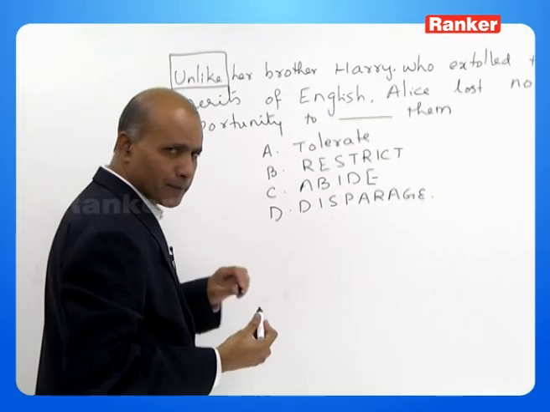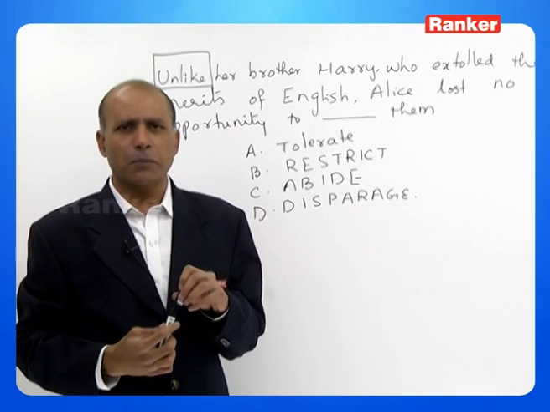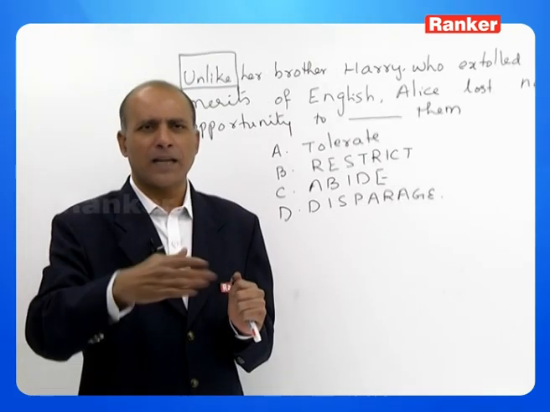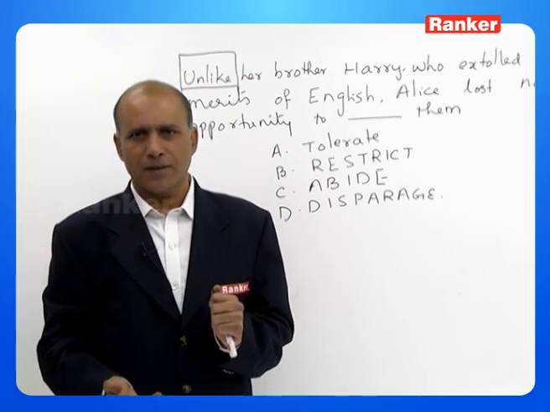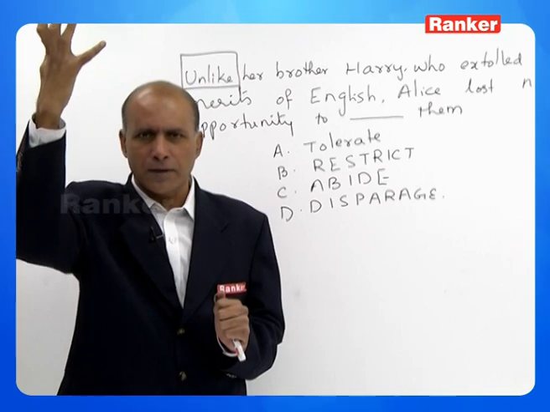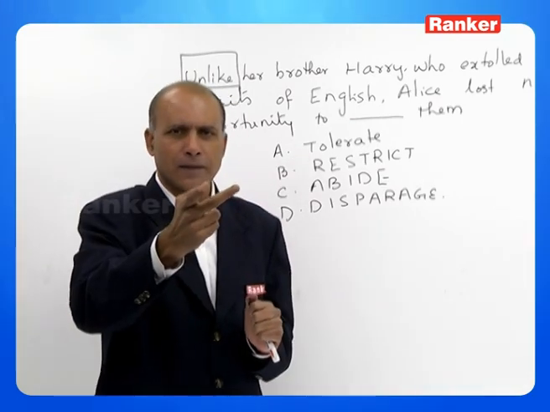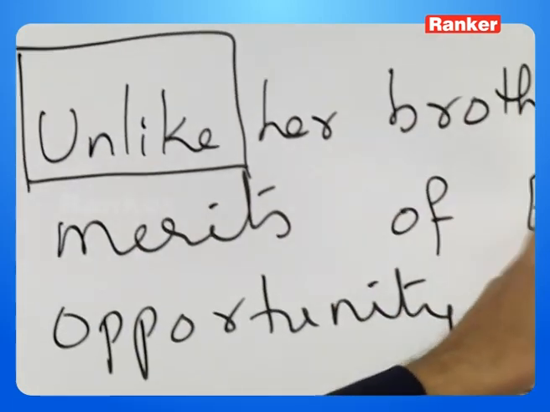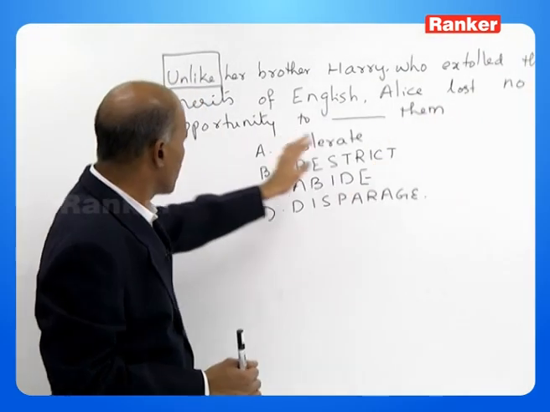What is unlike? Unlike my brother, I have a bald head. My brother is unlike me. That means what? He doesn't have bald head. He has a lot of hair. Unlike somebody means whichever quality my brother has, I have opposite quality.